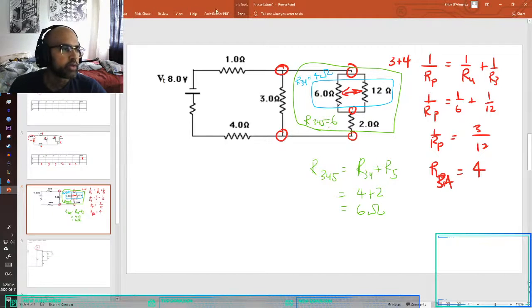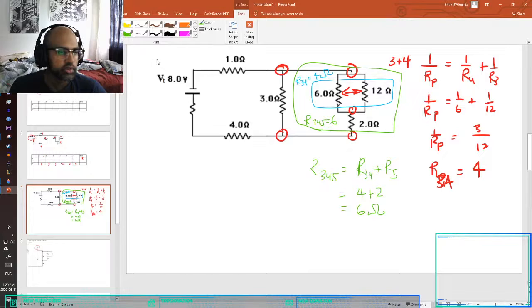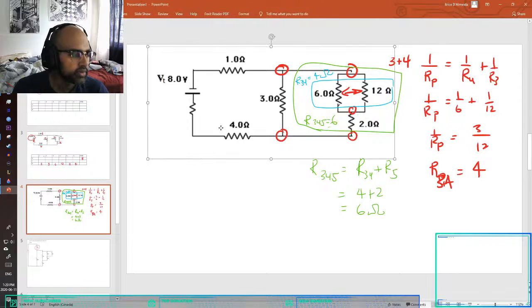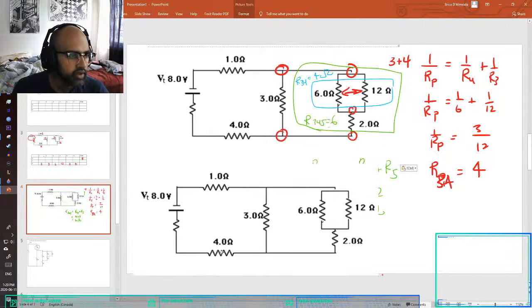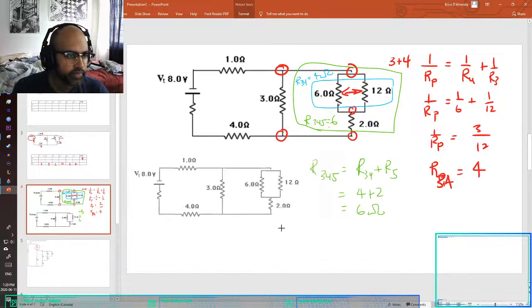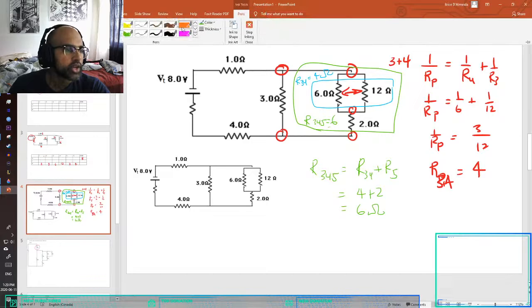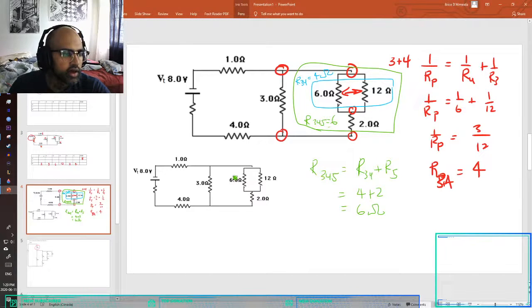Maybe I might want to redraw the diagram and take a look at what I've done so far. Actually, I'm just going to copy and paste. Let's go home and grab this. Control C, Control V. So what have we done so far? We've combined all of this chunk. I'm going to highlight it.